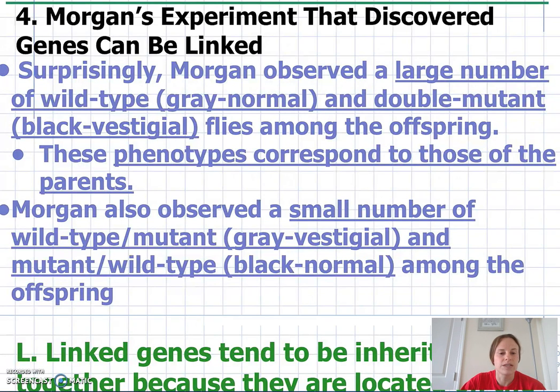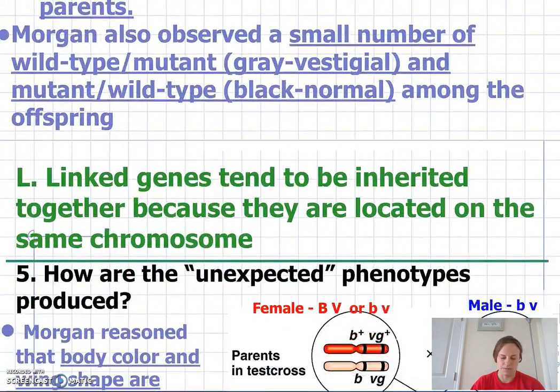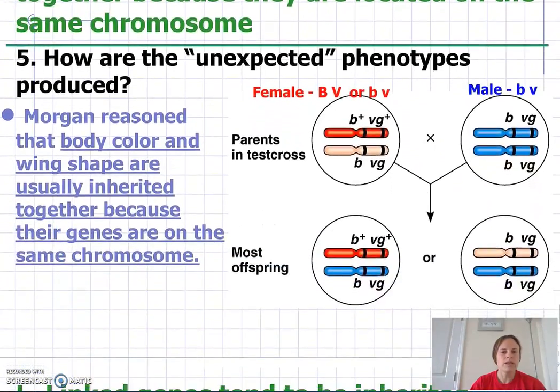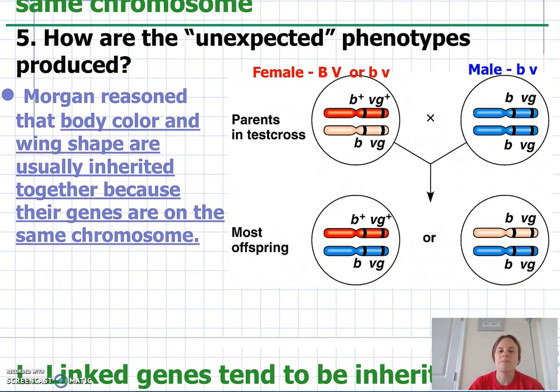And then he observed a small number of wild type mutant gray vestigial and mutant wild type black normal among the offspring. So what Morgan reasoned was that body color and wing shape must be inherited together most of the time because their genes are on the same chromosome.